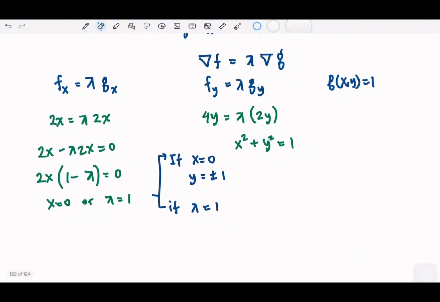If lambda is 1, let me just write here, 4y is equal to 2y. So 2y is equal to 0, so y is 0.